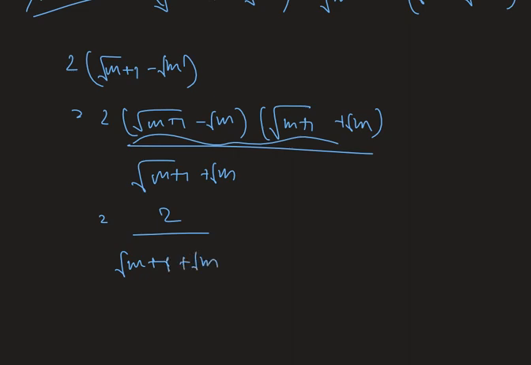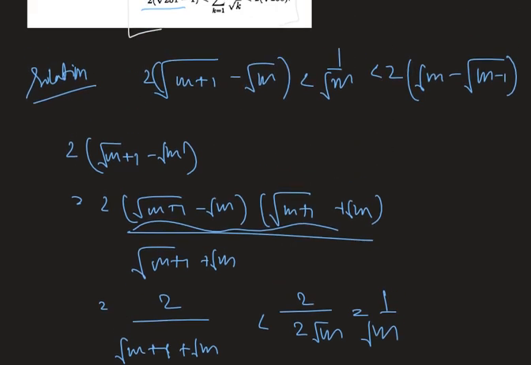Okay, and we can say that this is equal to 2 divided by 2 into root over m, which is equal to 1 by root over m. So this is the left hand side portion of this inequality.